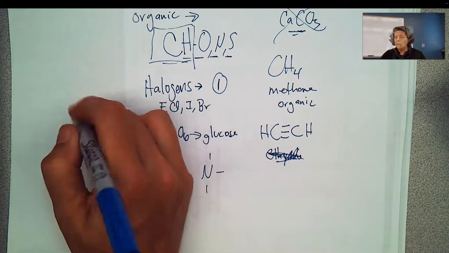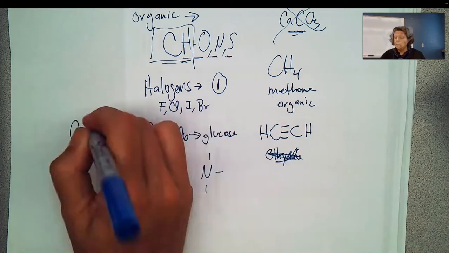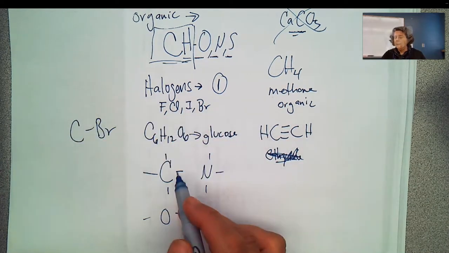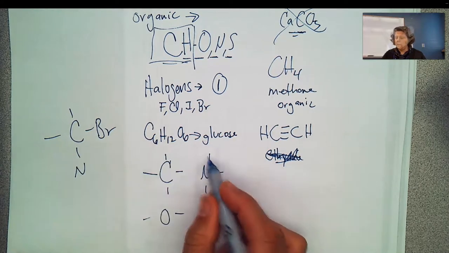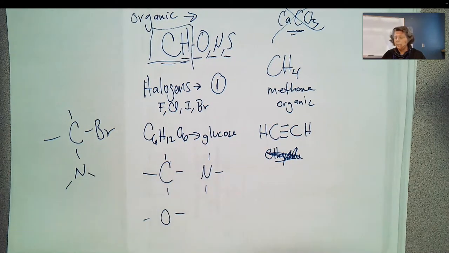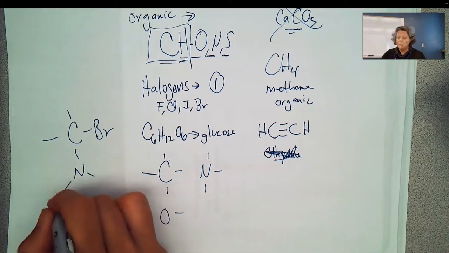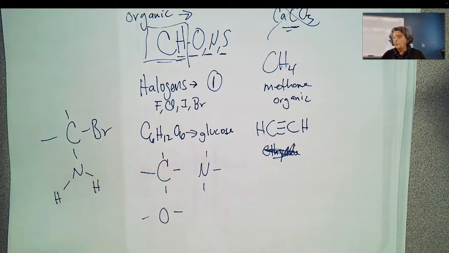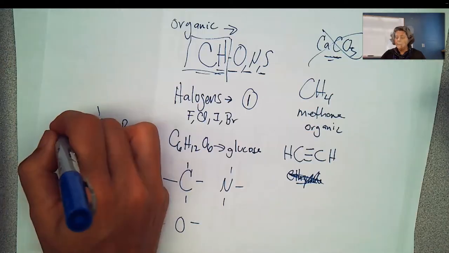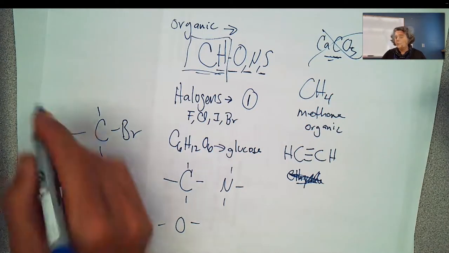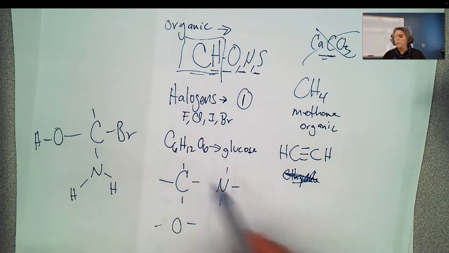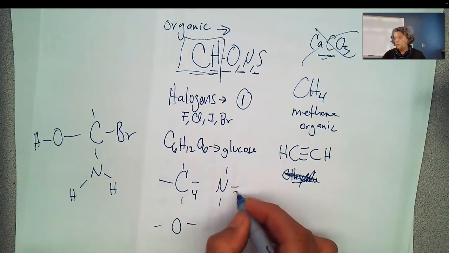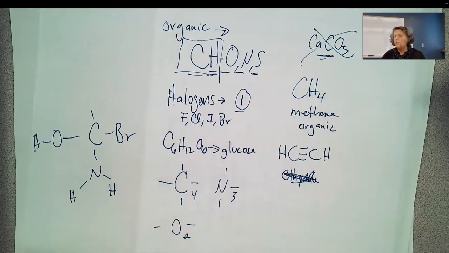So if we look at a compound, we can put a carbon, we could put a bromine on there. Well, we still have 4 spots that we can put something, so we can put a nitrogen. Well, nitrogen uses 1, so it's got 2 more that we can put onto there. So we could put hydrogens if we'd like. And hydrogen only has 1. And then we can put an oxygen over here. Well, it's still got 1 that's open, so we can put a hydrogen there. And then you can see how, knowing that this has 4, this has 3, this has 2, and these have 1, makes it so that you can put things together.